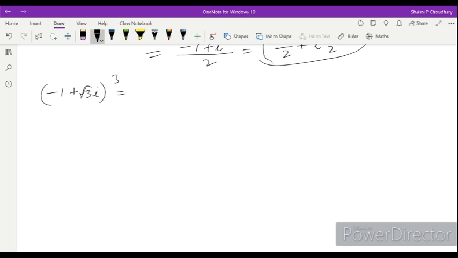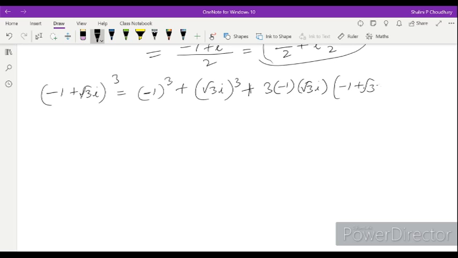What is the formula for a plus b whole cube? a cube plus b cube plus 3ab into a plus b. So minus 1 cube plus square root of 3i cube plus 3ab, that is 3 into minus 1 into square root of 3i, into a plus b, that is minus 1 plus square root of 3i.